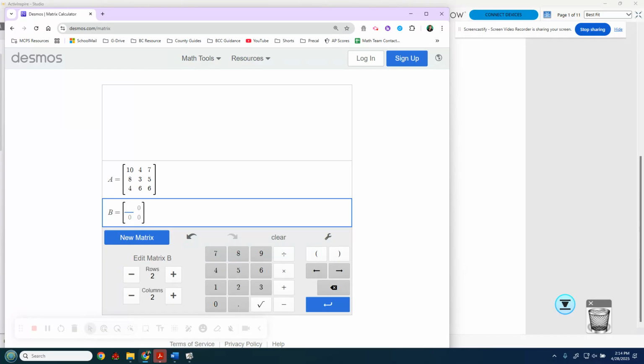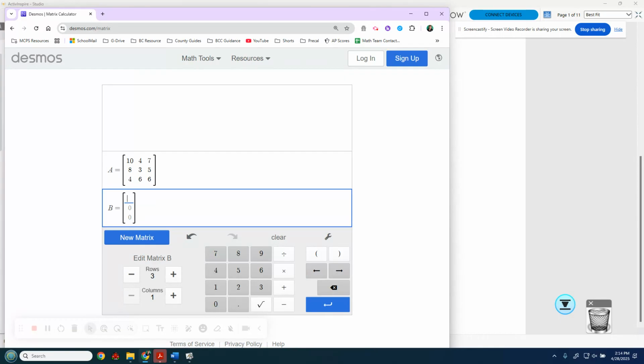It was 1 by 3 or 3 by 1? 3 by 1. 3275. Yep. Gotta hit the decimal. 430.